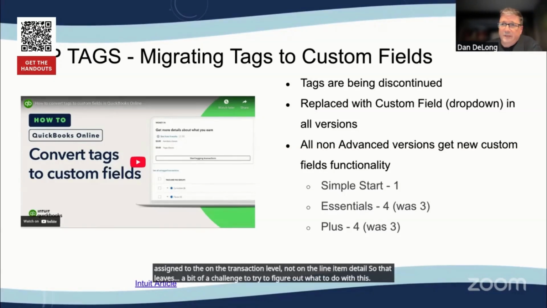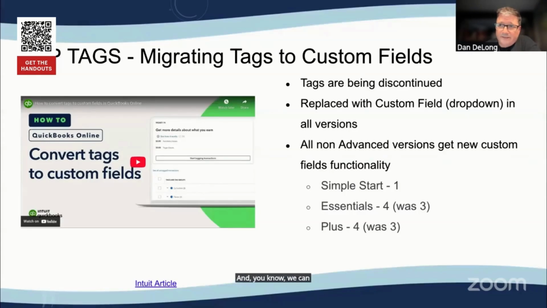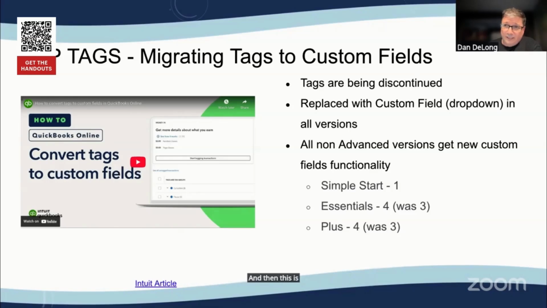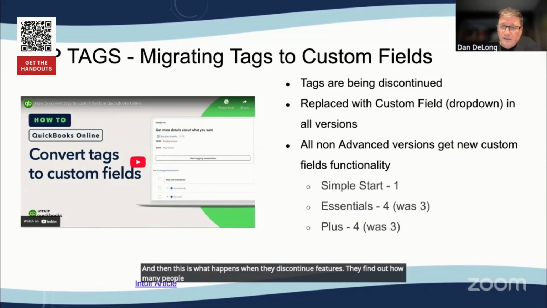And we can only speculate as to why, but typically when features are discontinued, it's because there is non-usage, right? And this is what happens when they discontinue features. They find out how many people were really relying on that feature.